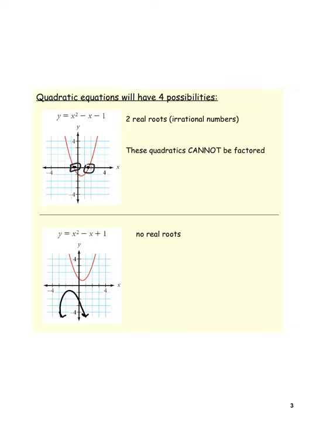Here's also two real roots, but in this case they'd be irrational, and so we wouldn't necessarily factor here, but again the discriminant would be greater than 0. And then finally we have the situation where we have no real roots, where the discriminant is negative, and again it's because it does not cross that x-axis.